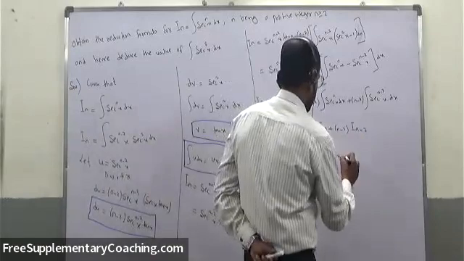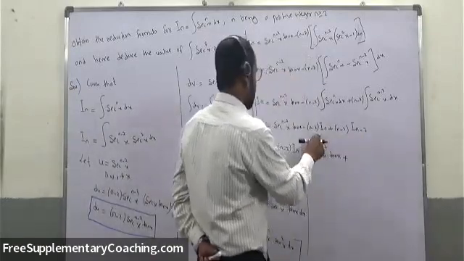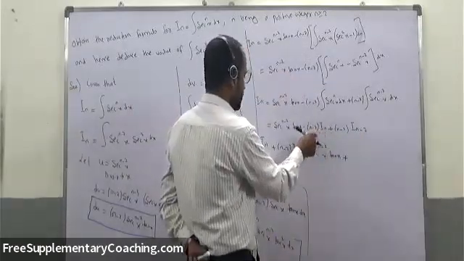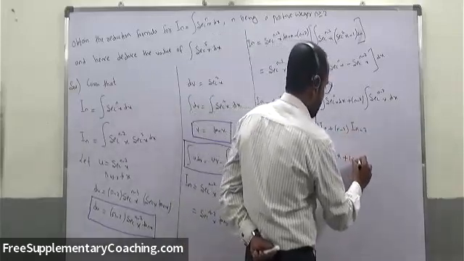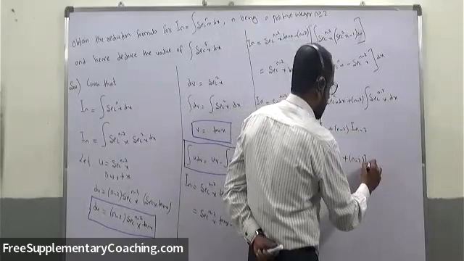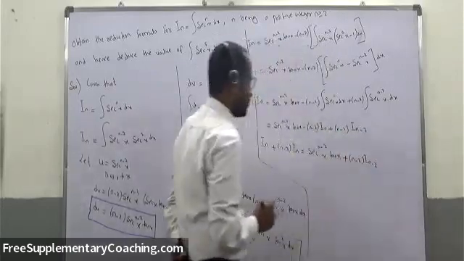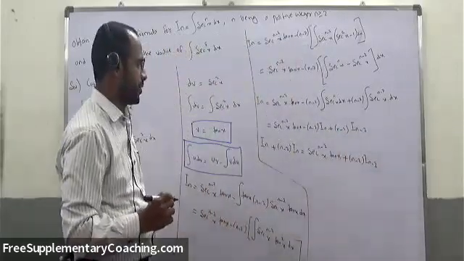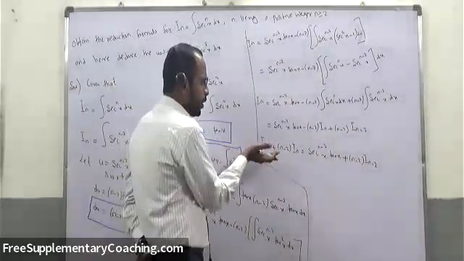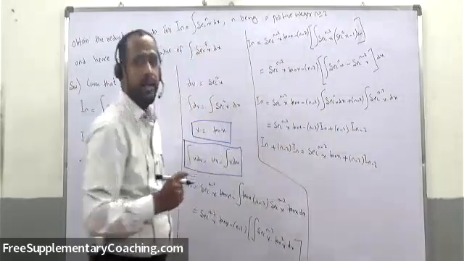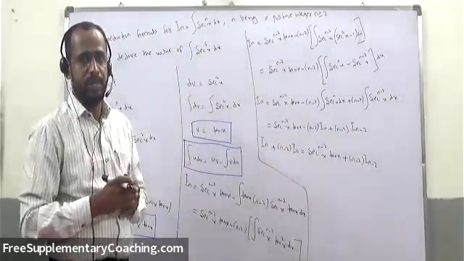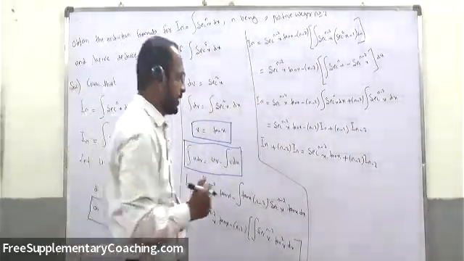Again, because this complete term is here, what is left? Plus n minus 2 I_n minus 2. Okay, this we have got. Now observe the LHS. If I take I_n as common, what we are getting?